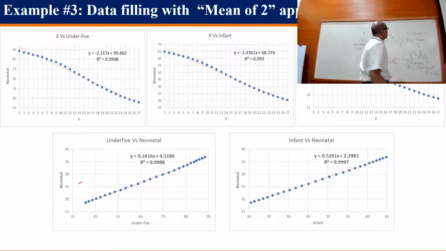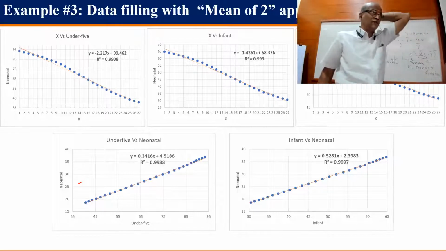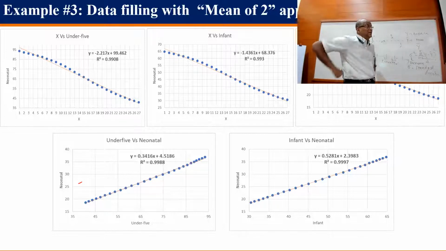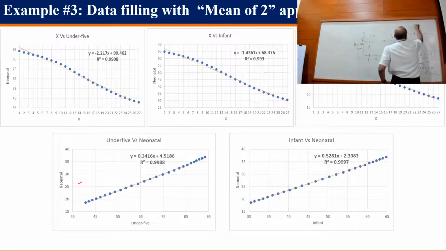So one possibility is this. Suppose somebody asks you a question, randomly I pick up a guy. Can you tell me his or her height? You are saying you're a data scientist. Oh, I see. So if you want me to do that, then I will say y bar plus or minus 3 sigma.